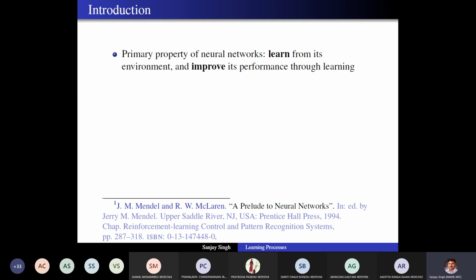Okay, good. And when you say improve its performance through learning, what do you mean by this? Real world implementation, like we launch it to the real world for it to improve? No. What happens is, you already have training data available, let's say some thousands of examples.